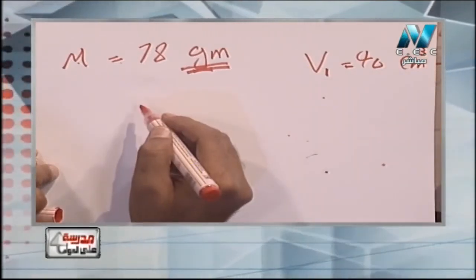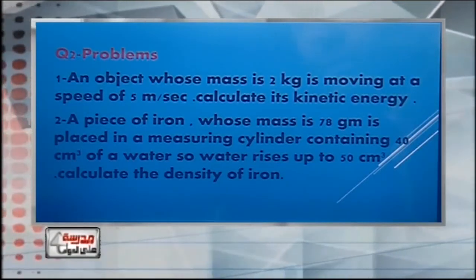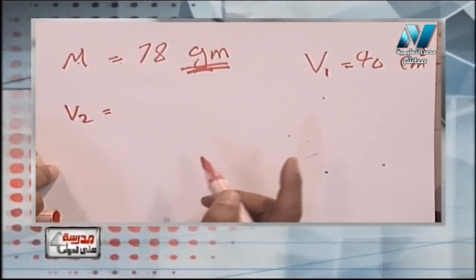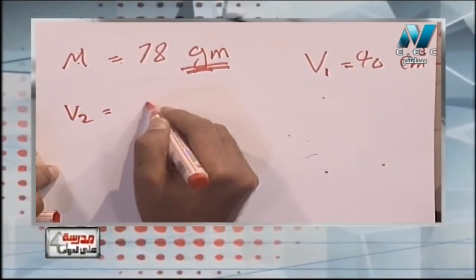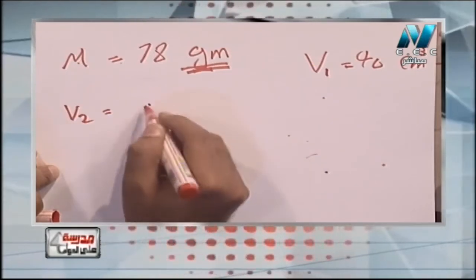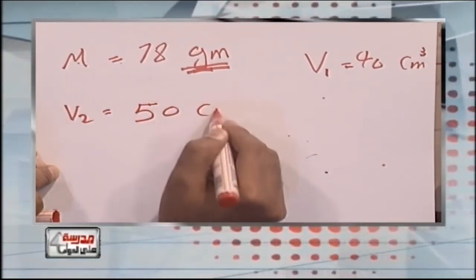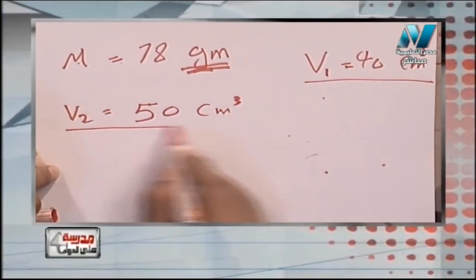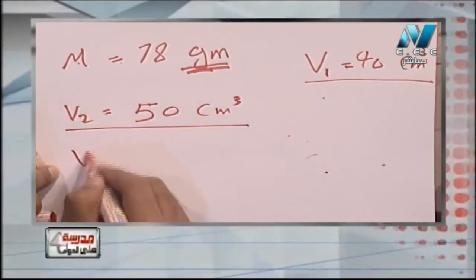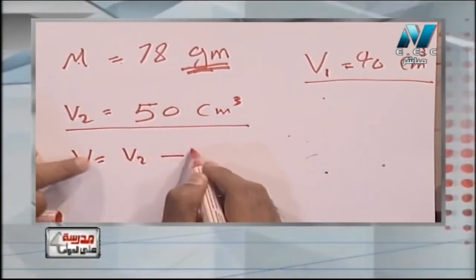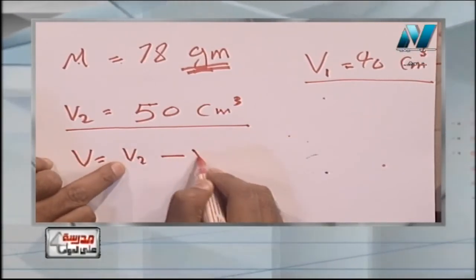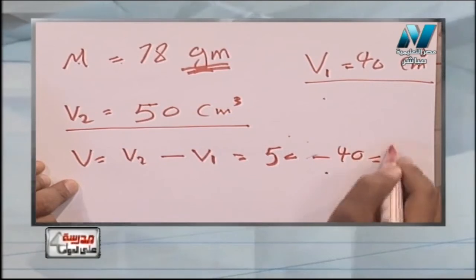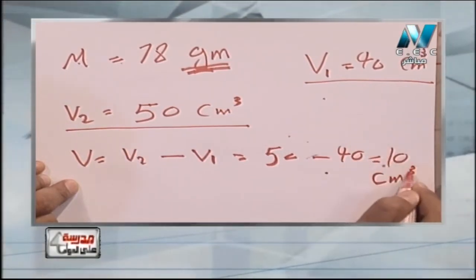So water rises up to 50, V2. V2 here means the volume of water plus volume of the piece of iron. It will be 50 cubic centimeter. If volume of water only is 40, and volume of water and iron is 50, so volume of iron equals volume of water and iron minus volume of water, so it will be 50 minus 40, it will be 10 cubic centimeter.